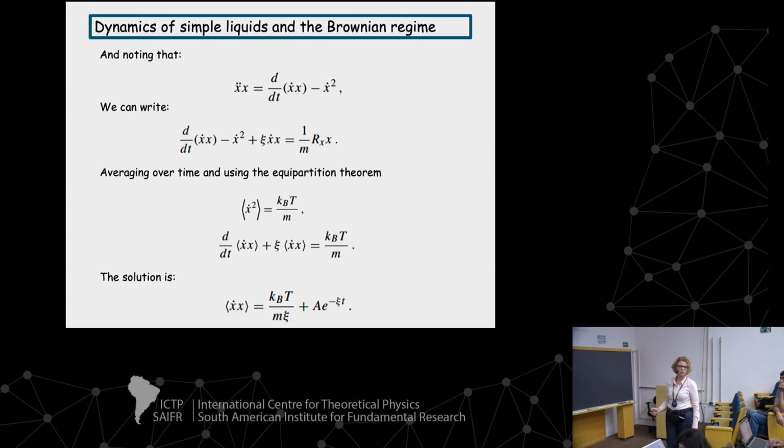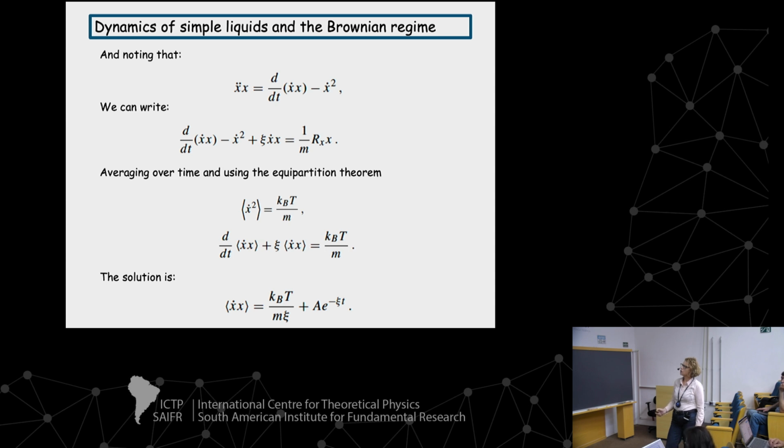And for those who did basic statistical mechanics, this is one of the fundamental theorems. Using the equipartition theorem, we substitute this here, and the equation comes to this expression.